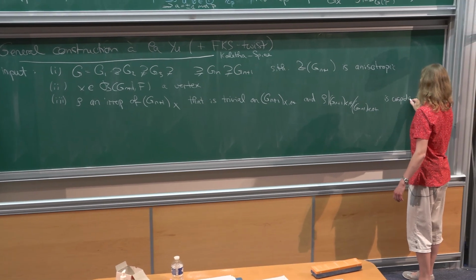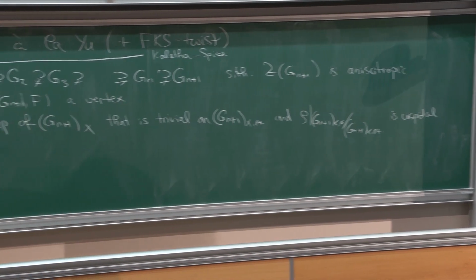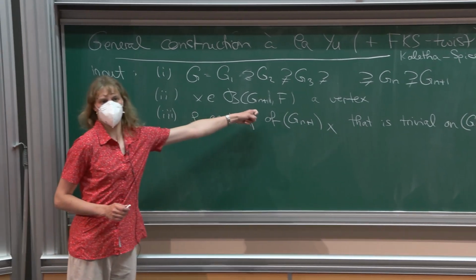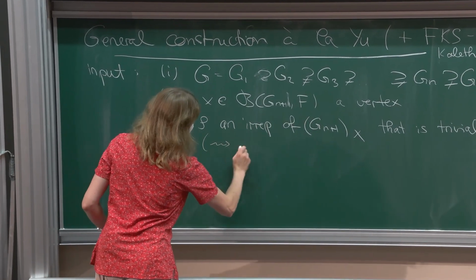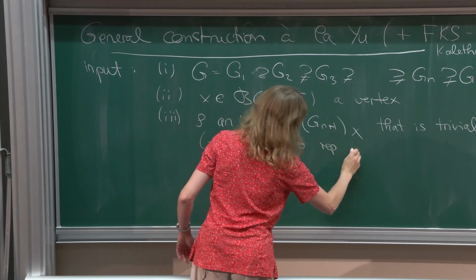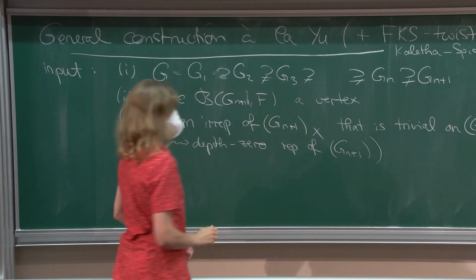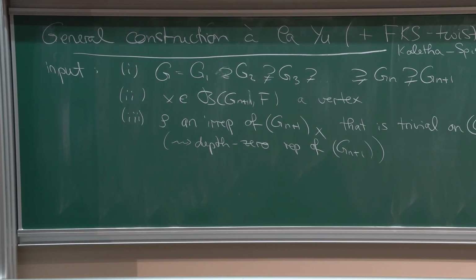So in other words, this is just, as you have seen above, the input for a depth 0 representation of Gn plus 1. That's what we really do.